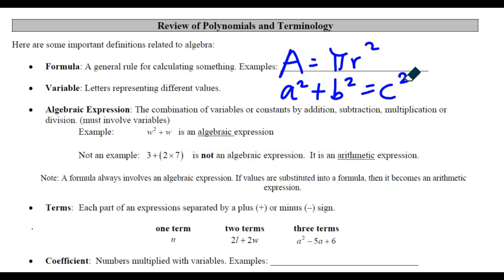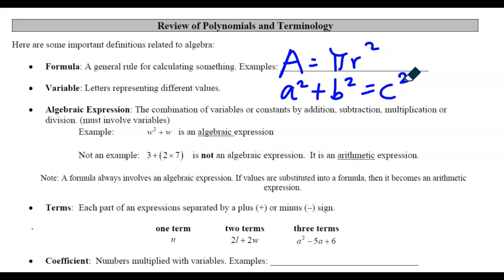The next one, 3 plus bracket 2 times 7, that's not algebraic. You can say arithmetic expression because there are no variables. It is always going to be that expression, and then you just perform the order of operations. So note, a formula always involves an algebraic expression. If values are substituted in, then it becomes an arithmetic expression.